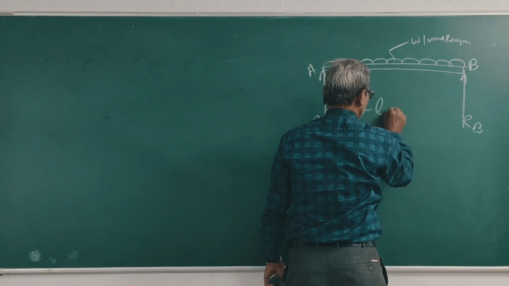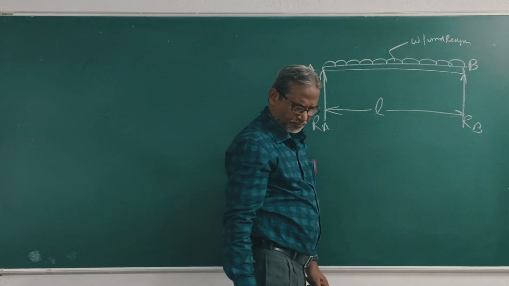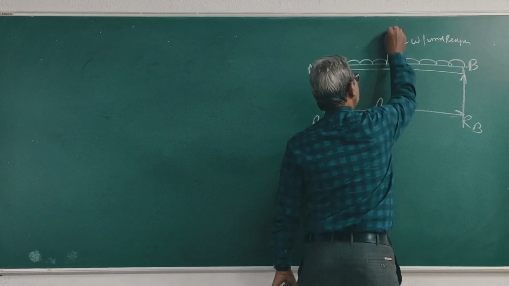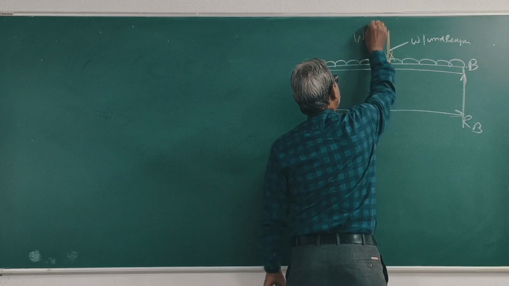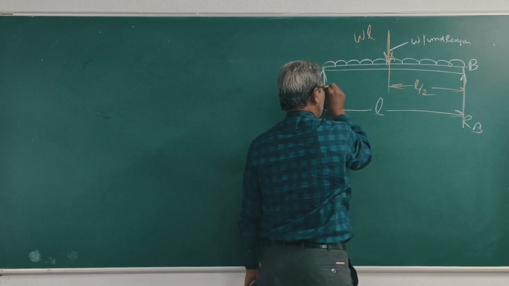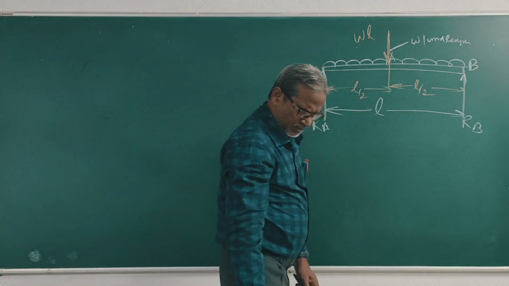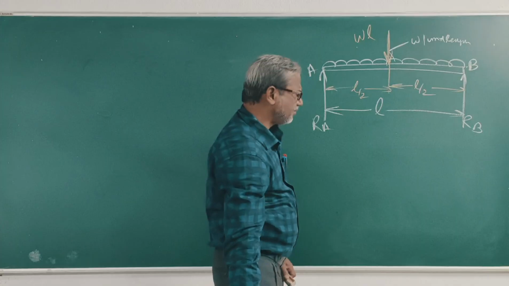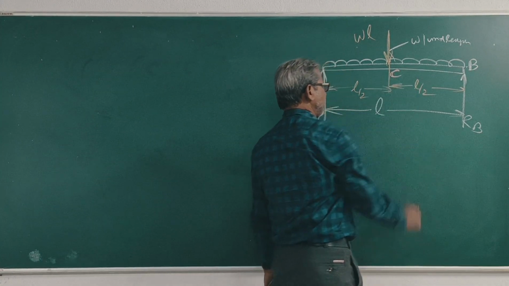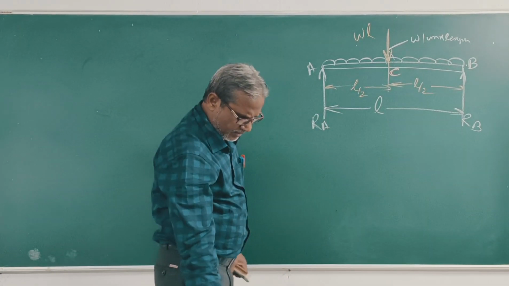Length is L. So the total load is wL, acting at the center of the beam, at L by 2. This is point C, at L by 2 from each end. Right?